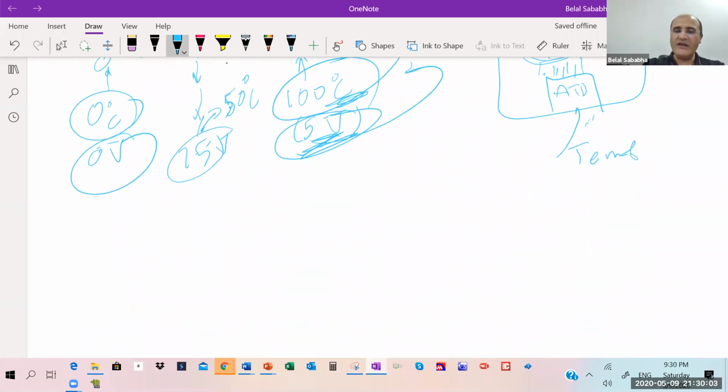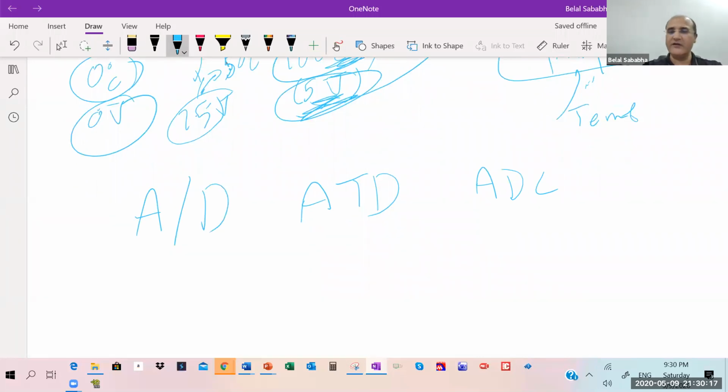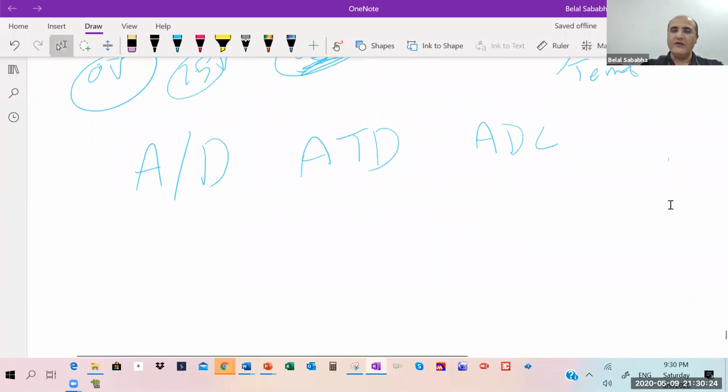So one of the main characteristics of the analog to digital converter, sometimes written ADC, or sometimes written A to D like this. One of the main characteristics of the A to D is the number of bits it can produce from converting.